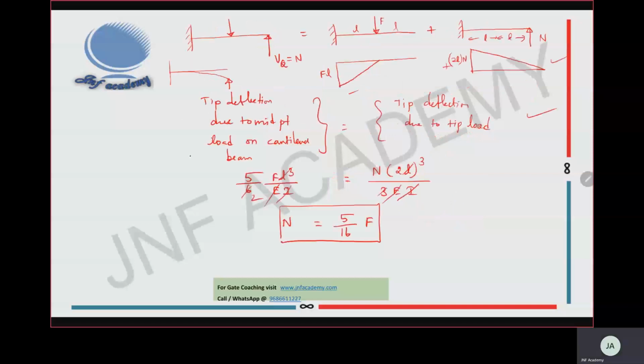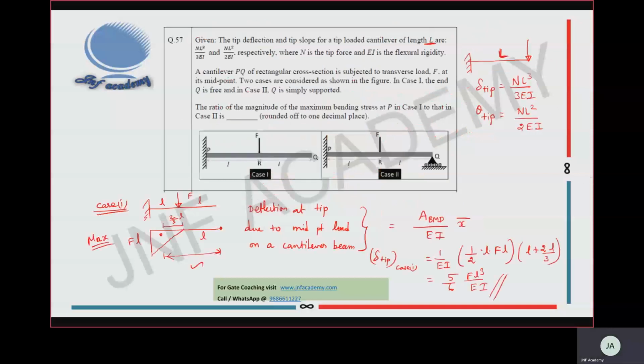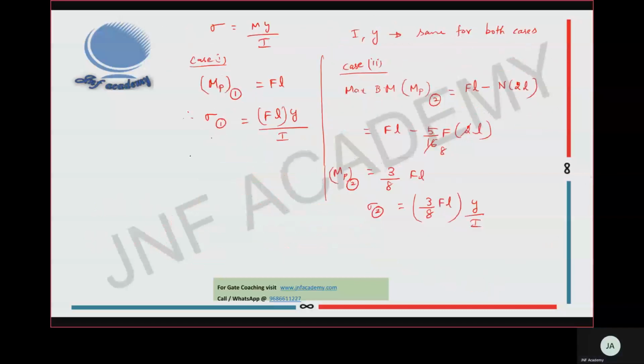The ratio which they asked here is case 1 divided by case 2. FL Y by I divided by 3 by 8 FL Y by I. We can cancel F, L, Y and I. Then the remaining is 8 by 3. 8 by 3 means 2.6667 will come.